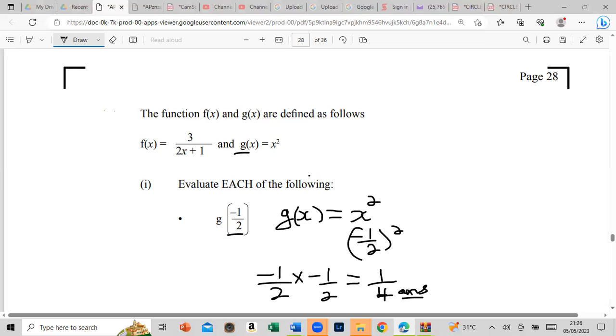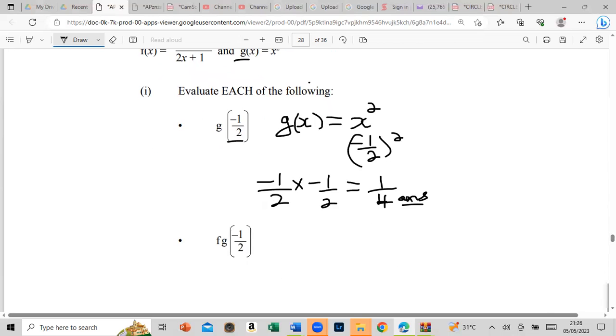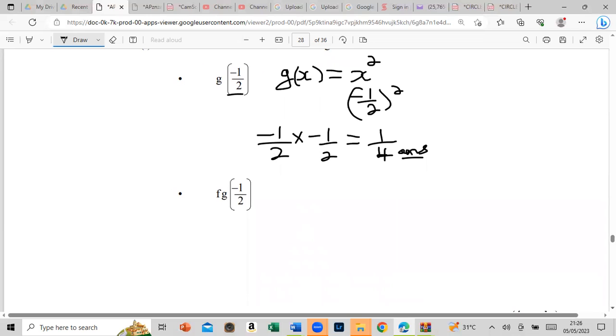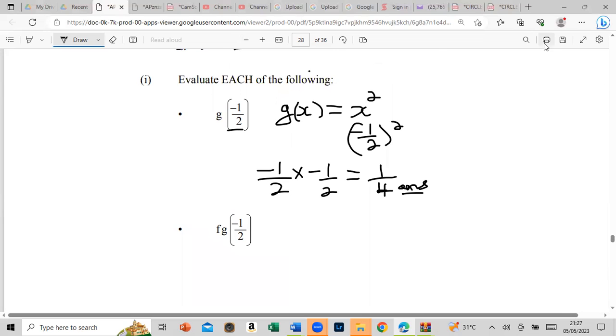Alright, and then now we're asked to find fg of negative half. We could just plug this in because we know this to be a quarter already, but I'm gonna do it the longer way. We are combining, alright?